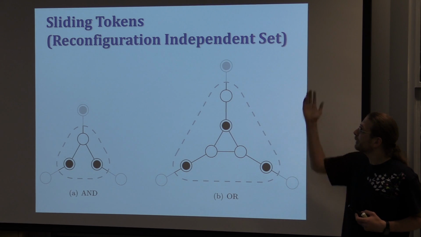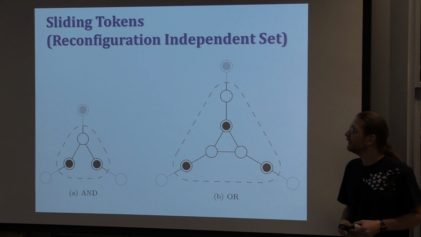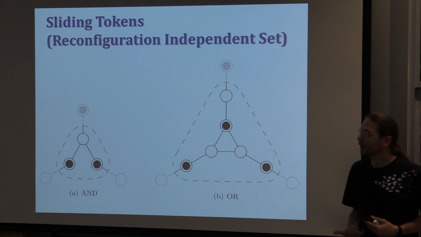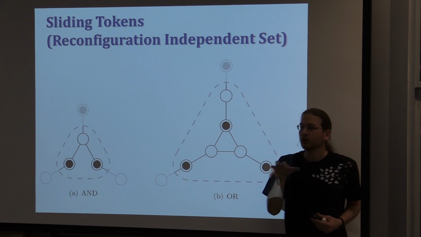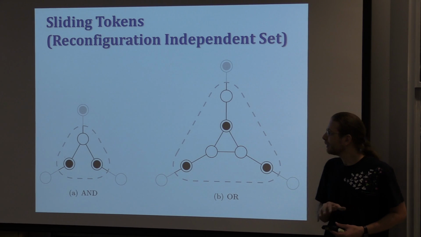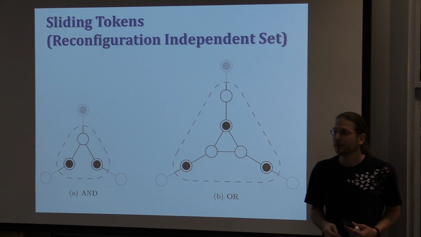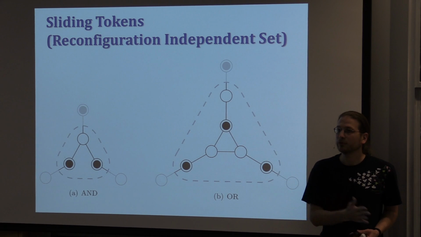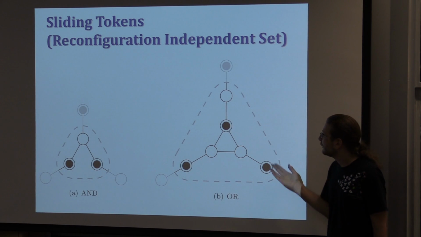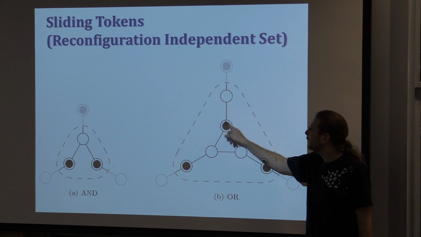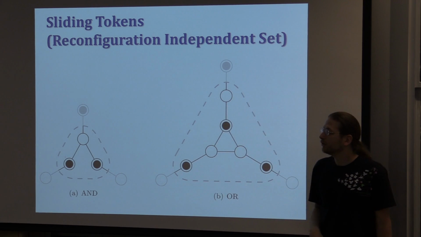So this is what you might call reconfiguration independent set. It's a reconfiguration problem in the sense that I'm interested in 2 solutions to the independent set problem of the same size, in fact. And I want to know, is there a sequence of moves that converts one solution to the other solution? In this case, by moving one of the vertices in the independent set along an edge.